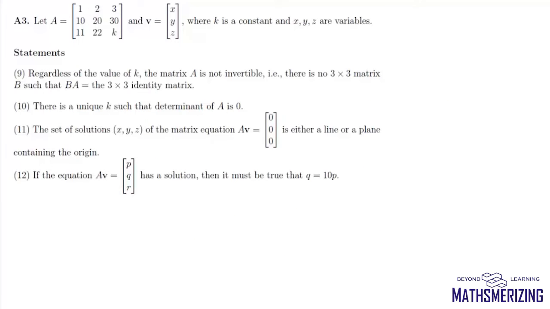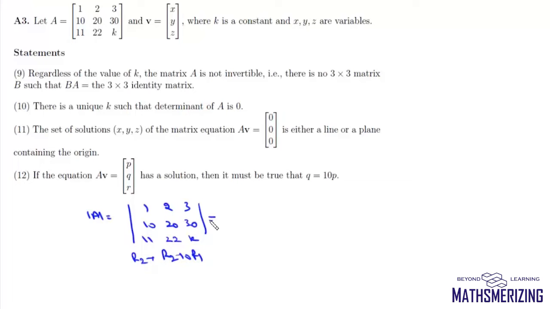Now this third question is we are given two matrices A and B where K is any constant and X, Y and Z are variables. Now we have to find which of the following statements are correct. Now if we look at determinant of A, then determinant of A will be 1, 2, 3, 10, 20, 30 and it is 11, 22, K. Now if we write R2 as R2 minus 10 R1, then it will be 0, 0 and 0.